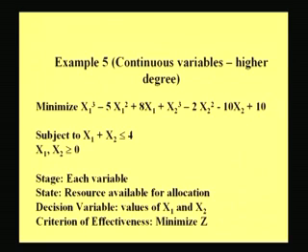Decision variables of course are the values of the variables x1 and x2, and the criterion of effectiveness is to minimize the objective function z given by x1 cubed minus 5x1 square plus 8x1 plus x2 cubed minus 2x2 square minus 10x2 plus 10.